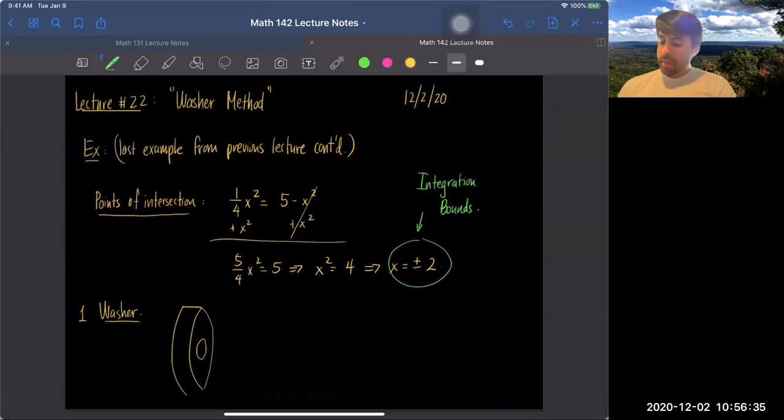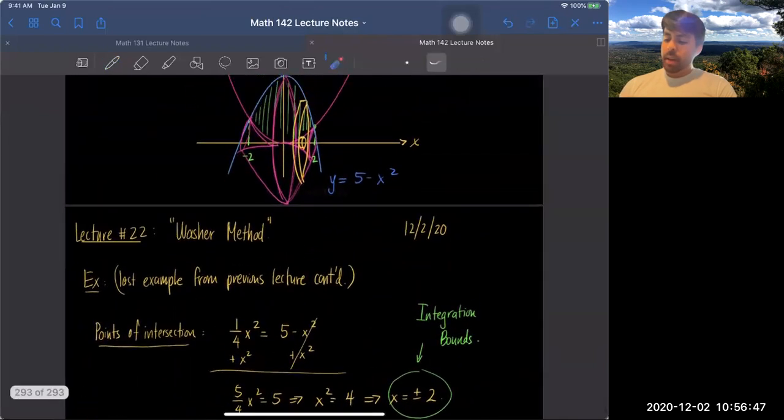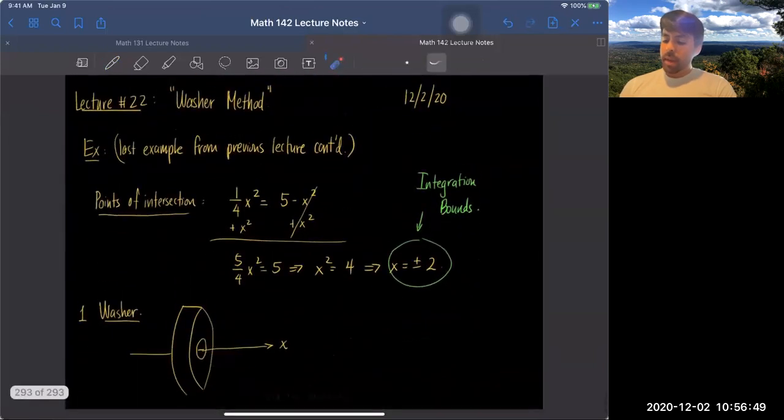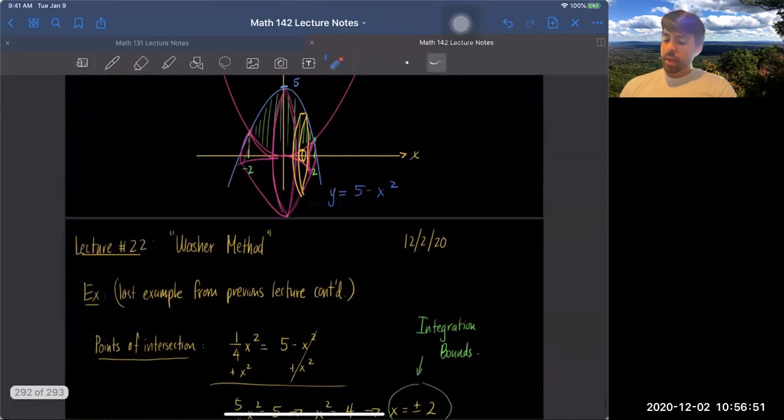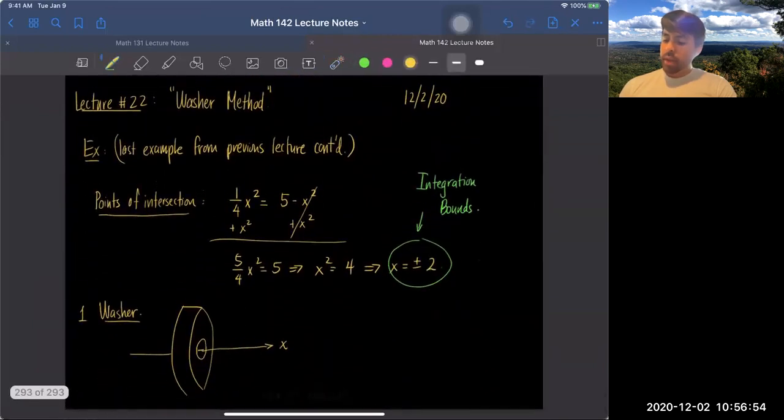This here is the x-axis, and I'm taking this disk here and making it look like the one here. So I have this portion here, which is part of the parabola, and this is part of the other parabola, like this. And so we have something that looks like this.